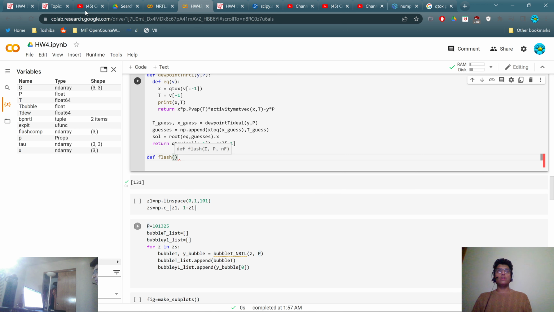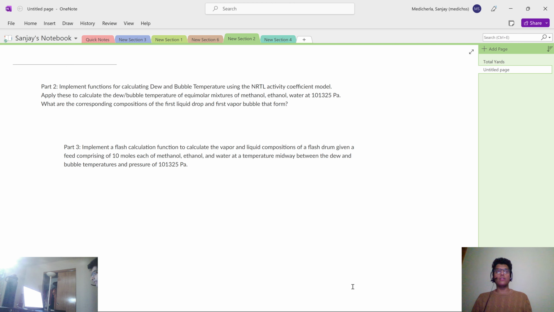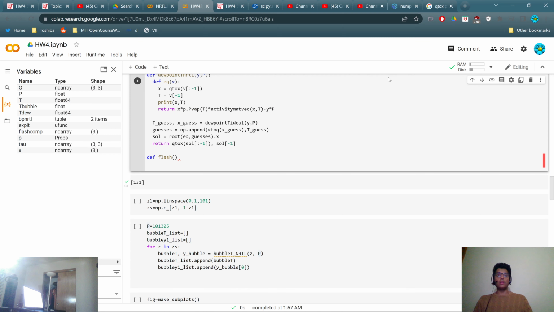According to the problem statement, we need to take in the feed, 10 moles of each, and the temperature, pressure, and NF.